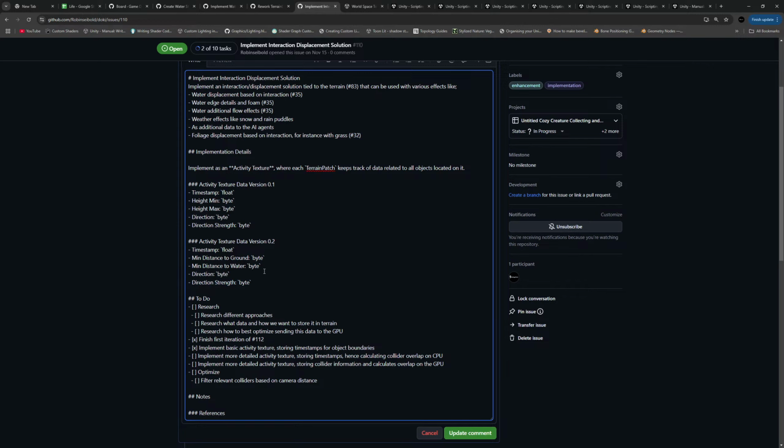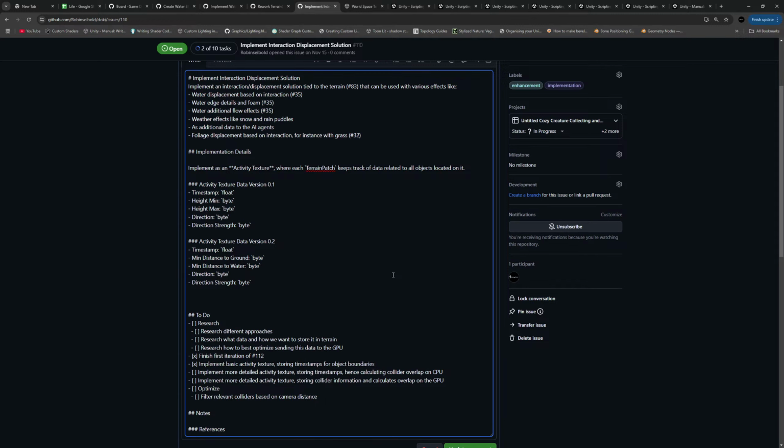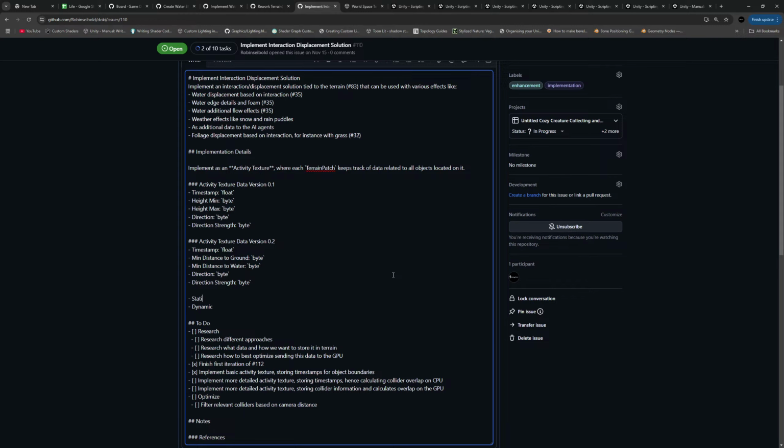Okay, what I'm wondering is if I might want to make a bigger difference between these two and this one. Maybe I should differentiate them so that we have some data that we want to save that is more dynamic than the other one, and one that is more static.